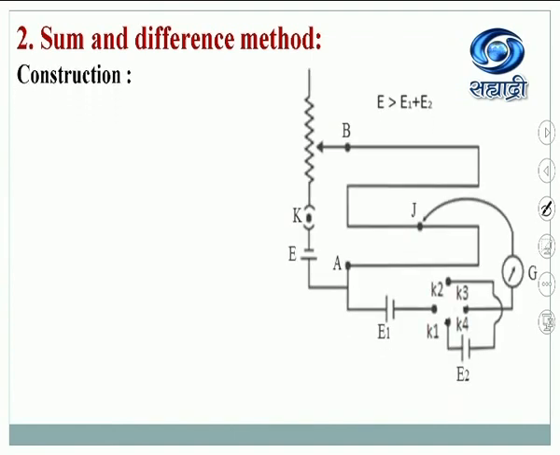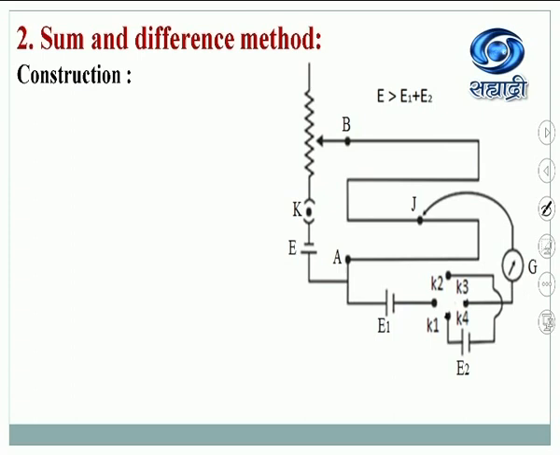Construction for this. Now see again, here the same AB is the potentiometer wire, across which the battery having EMF E, key K, and the rheostat are connected same as before. A slight difference is made in the textbook, so I have chosen the same diagram here again. At point A, the positive terminal of E is connected, remember.